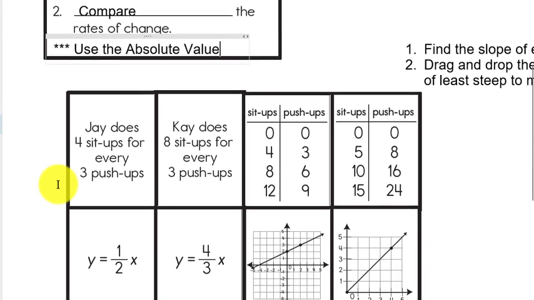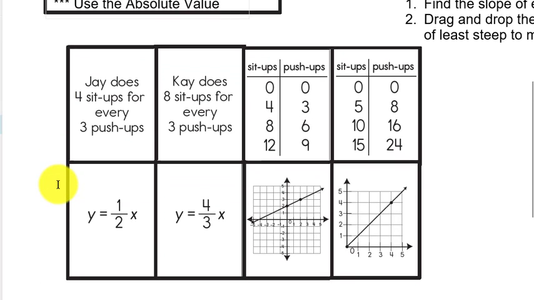We have 8 examples here, so we need to find the slope from each of these, or the rates of change from each of these. So J does 4 sit-ups for every 3 push-ups. This is a proportional relationship. So 3 push-ups for every 4 sit-ups.